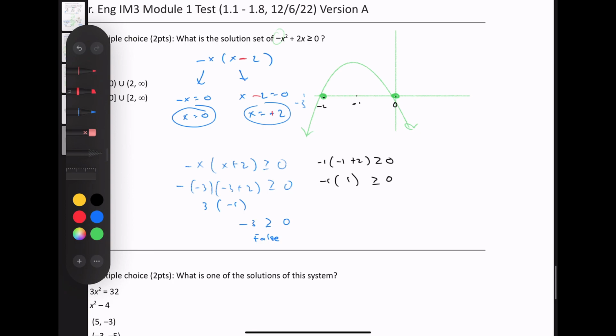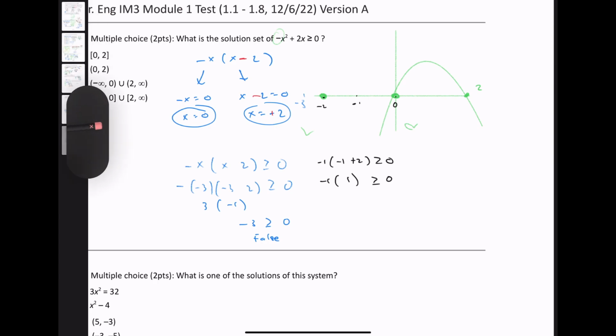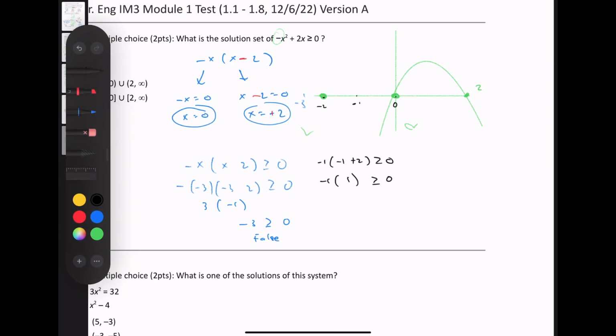Okay, that just means I change my parabola over here. So that new point is 2. And let's just test it by changing that symbol. So -2 is still valid.